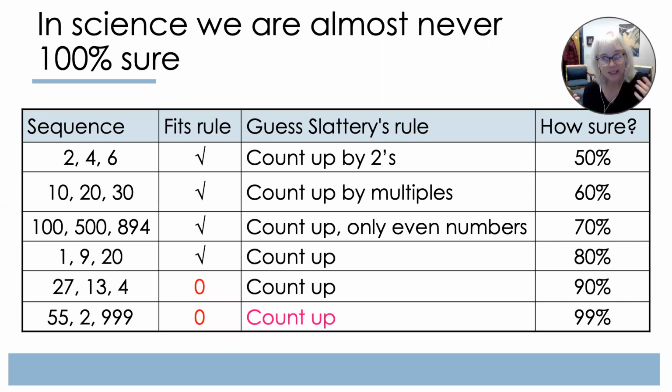Okay, so it suggests that perhaps this other way of looking at things is more effective. And then we try it again, 55 to 999. It doesn't work. And we're 99% sure, but never 100%. Someone might bring in another piece of data that causes us to shift our hypothesis.